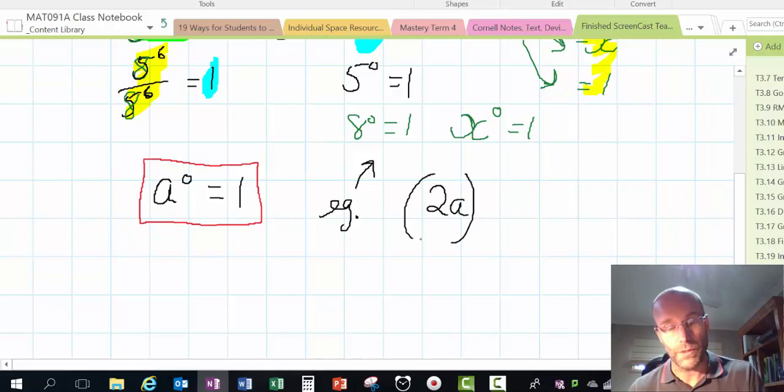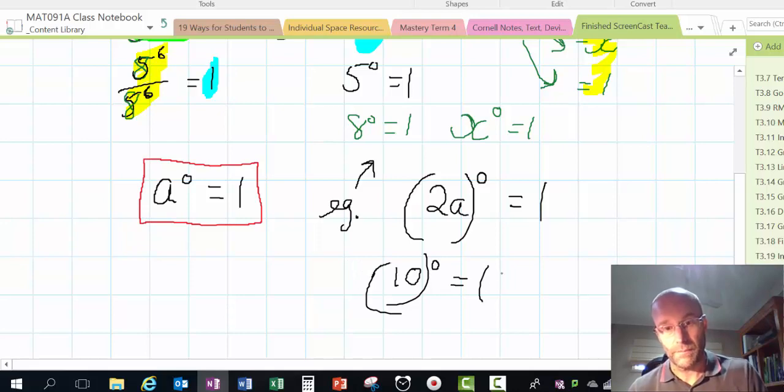As an example, we've got those up there, but even more complicated stuff like 2a, if it's all together in brackets, to the power 0, equals 1. 10 to the power 0 equals 1. You can check that one on your calculator. 25a squared b cubed c to the power 10, if you raise that to the power 0, it even equals 1.